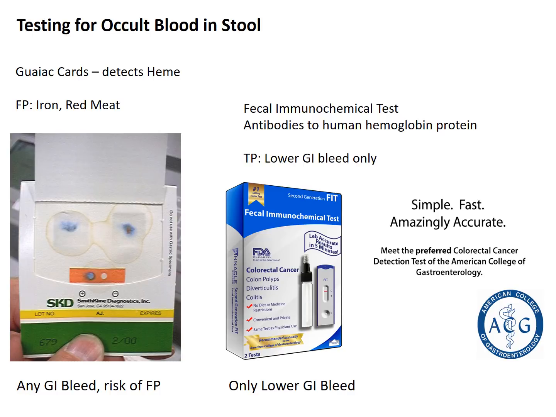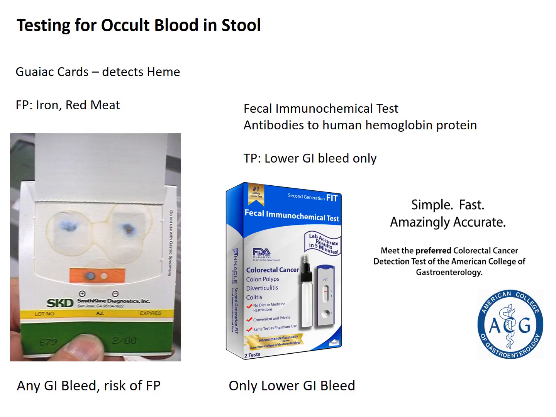So the occult guaiac test can give you false positives, but it will detect blood from both upper and lower sources. The fecal immunochemical test is very specific, but only detects blood from lower GI tract bleeding.